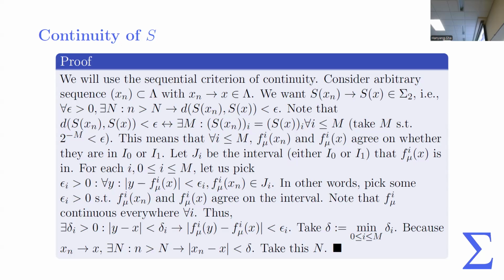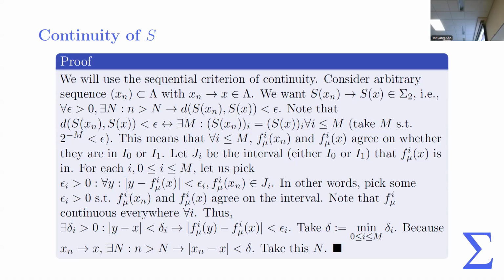So consider f^i of x, that's going to be on J_i somewhere. Suppose you're here. Then you can take some epsilon around that, so that all the points inside here will also be in this J_i. This is the epsilon we're constructing.